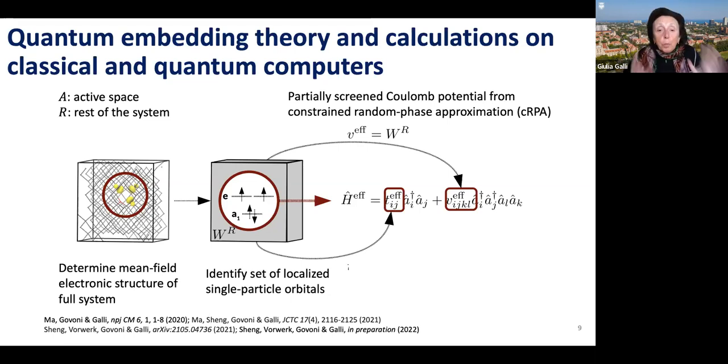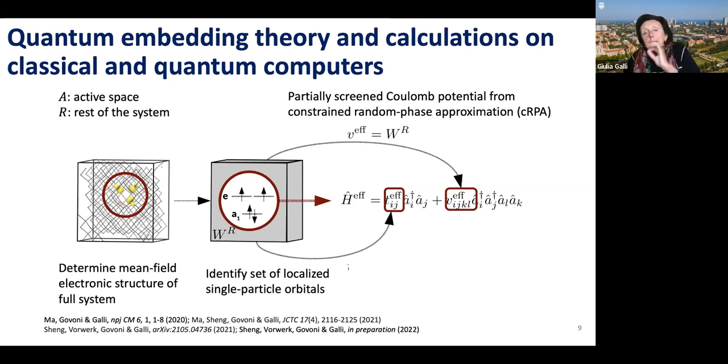Let me give you a super technical answer, and then I'll try to explain better. In our quantum embedding theory, the off-diagonal elements of the self-energy between the environment and the active space are neglected.